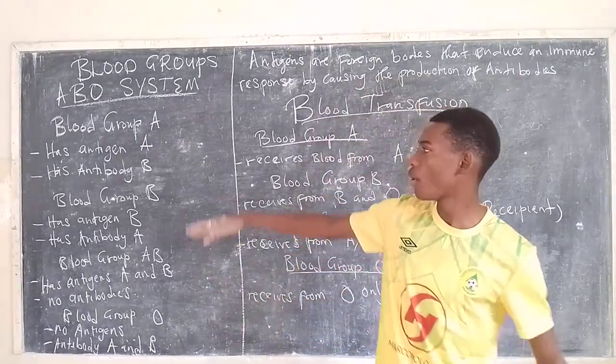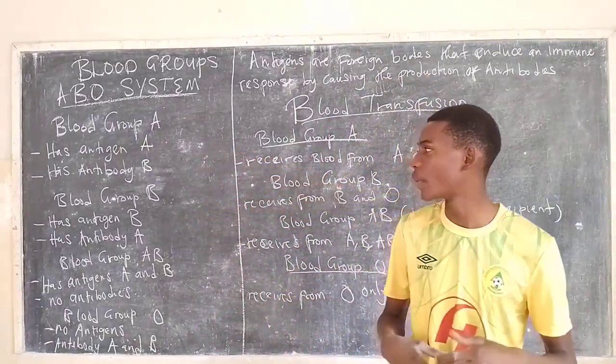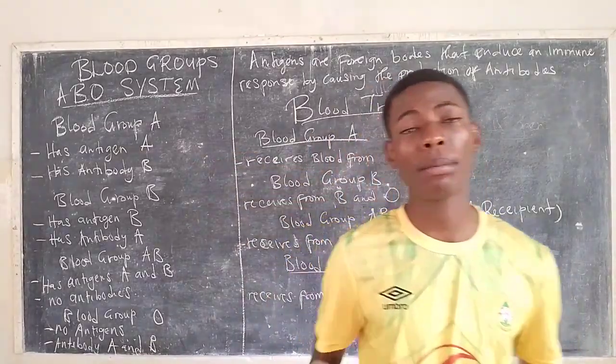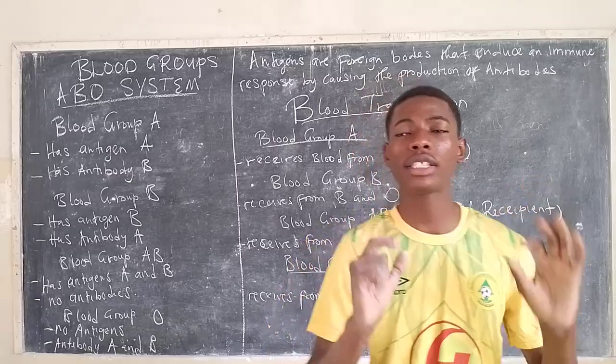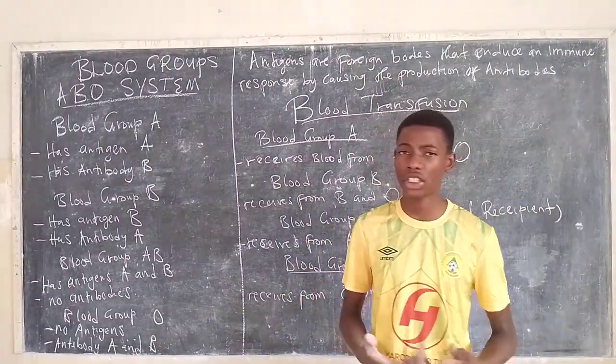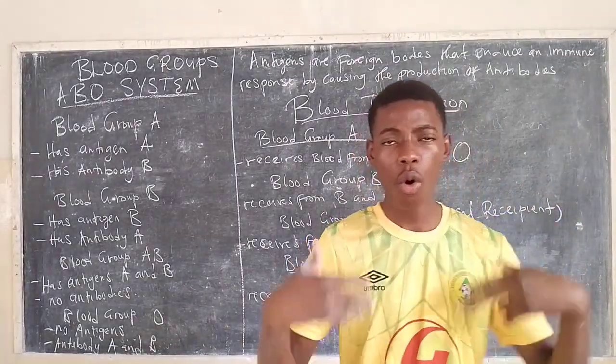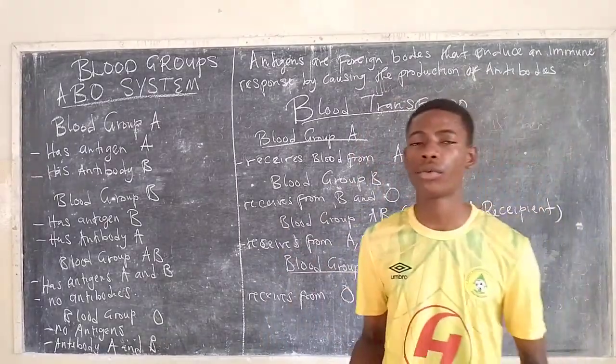For example, if we are talking about blood group A, it will have on its surface what we call the antigen, which is A. All antigens correspond to the blood group.